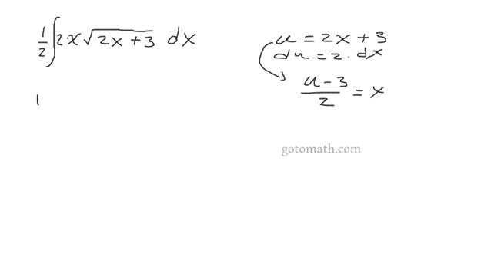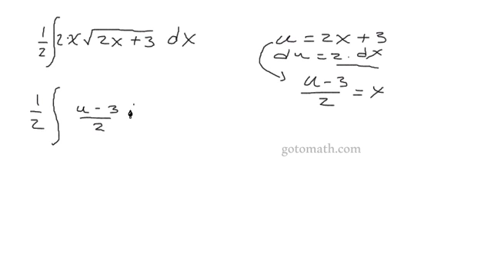So we have a half the integral. The 2 and the dx are going to be replaced with the du. This x is going to get replaced with u minus 3 over 2.